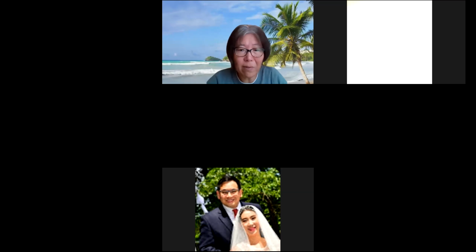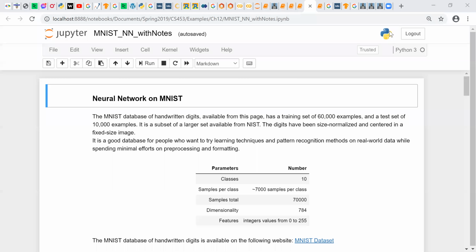And then next, let's take a look at the next one. This time, if you recall the MNIST, who still remembers what the MNIST is?